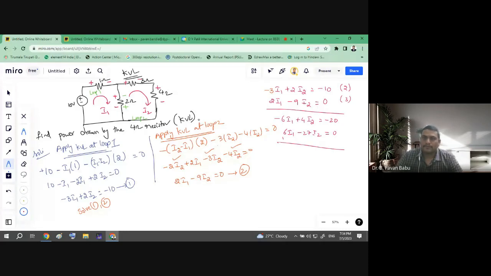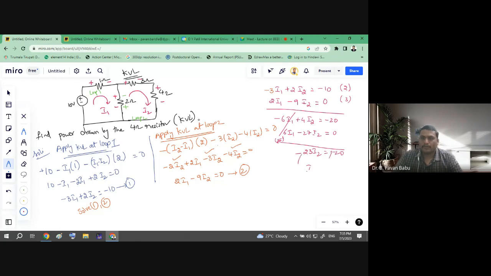Same polarities we can use, right? I think it will become opposite, I think so. Okay then, so directly can we use, I think. So it will be 23 into I2 minus 20.